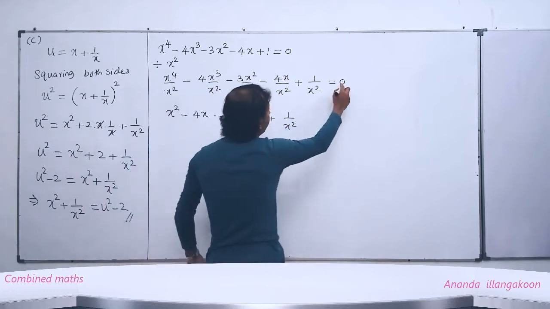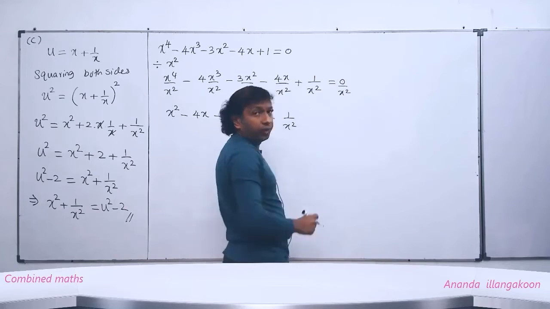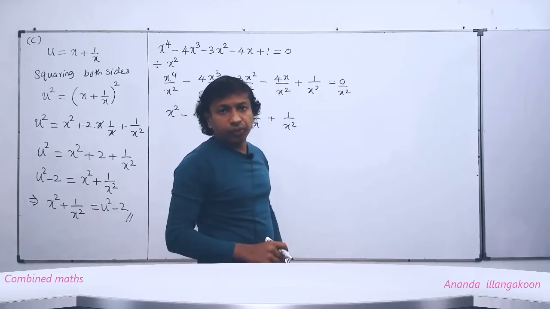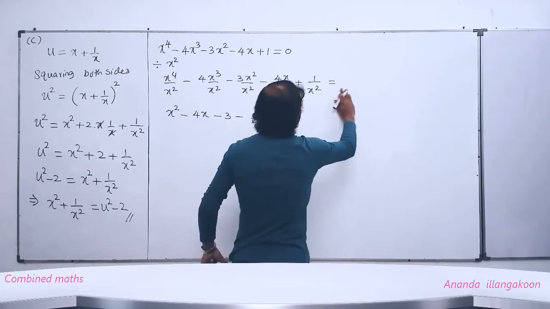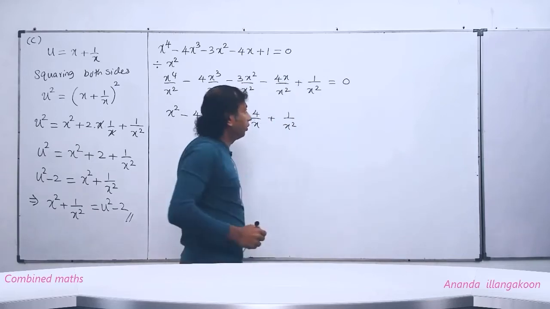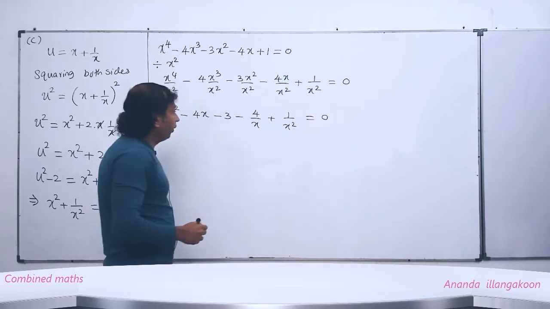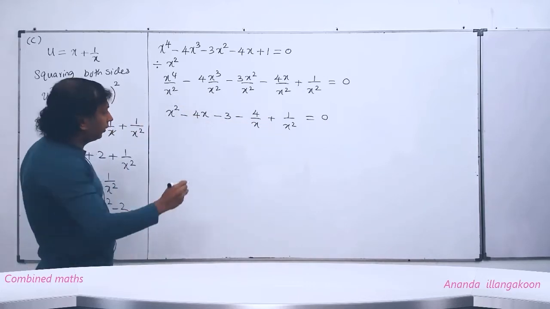On the right hand side I didn't divide by x squared. The reason is, when we divide 0 by any value, the answer is 0. So therefore, I didn't write x squared there. Now this term x squared and 1 upon x squared, I take together.